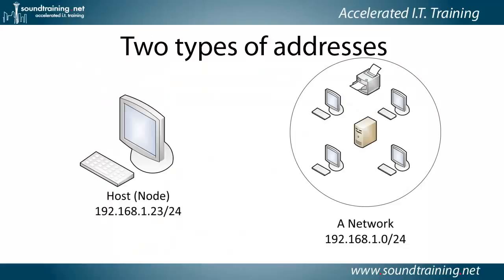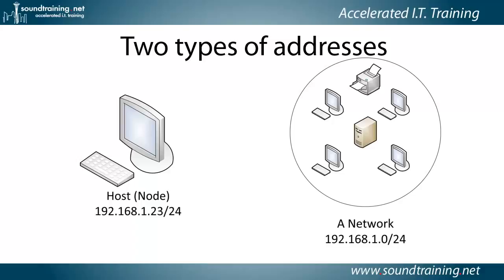When we talk about IP addresses, we have to talk about two different types of addresses. There's the host or node address, and then there's a network address. We're going to use the term host and node synonymously. They don't mean exactly the same thing, but very, very close. So we'll use them synonymously for the purpose of the video. A host or a node is a single entity on a network running the Internet Protocol, or IP, in this case IPv4.